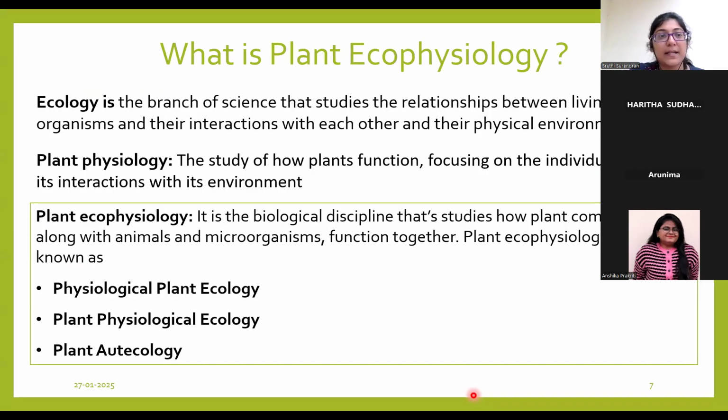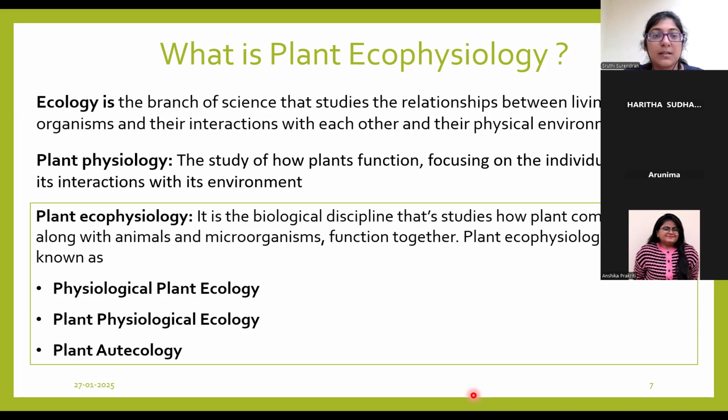So basically, plant ecophysiology is a combination of the study of plant physiology and plant ecology. Ecology, like I mentioned, is the branch of science that studies the relationship between plants and their interaction with each other as well as with the environment.